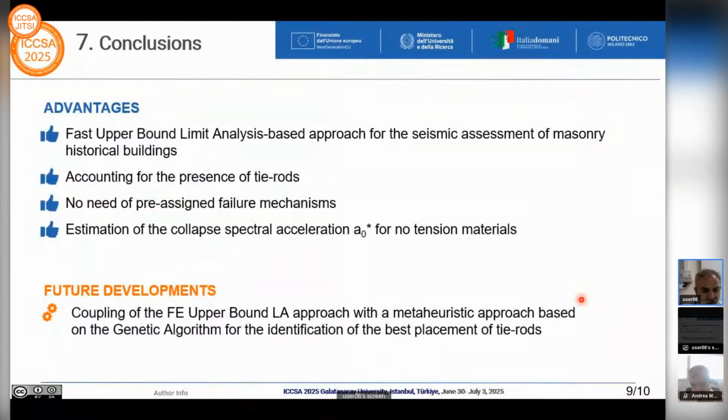Future developments are to couple, again, Accolade with a meta-heuristic approach that is based on a genetic algorithm, and we are developing this approach in order to automatically let the computer identify the optimal placement of a strengthening intervention in order to increase in the most effective way the load carrying capacity under the application of a certain distribution of horizontal loads.